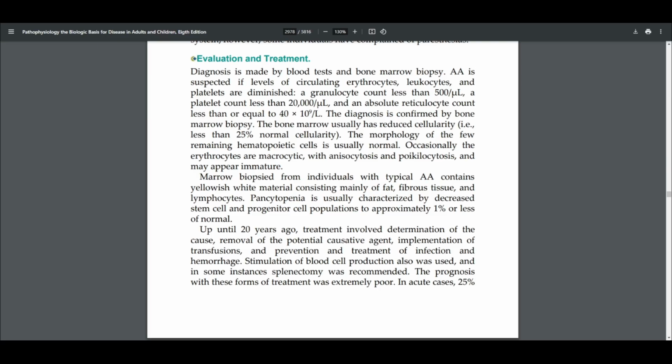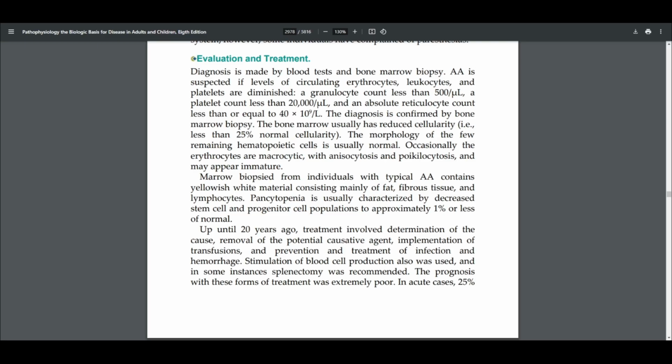The diagnosis is confirmed by bone marrow biopsy. The bone marrow usually has a reduced cellularity. The morphology of the few remaining hematopoietic cells is usually normal. Occasionally, though, the erythrocytes are macrocytic, with an anisocytosis and poikilocytosis, and may appear immature.